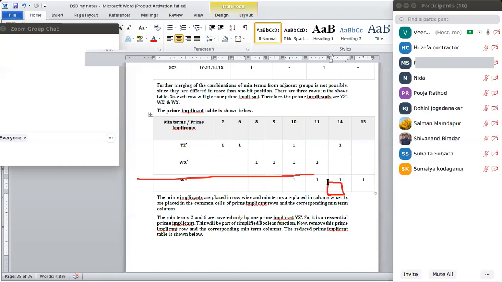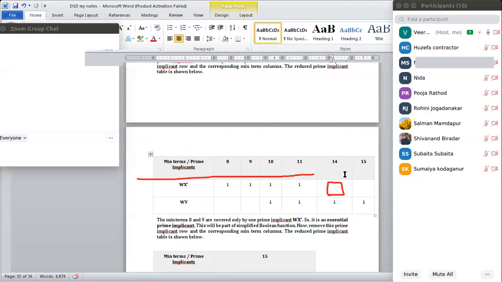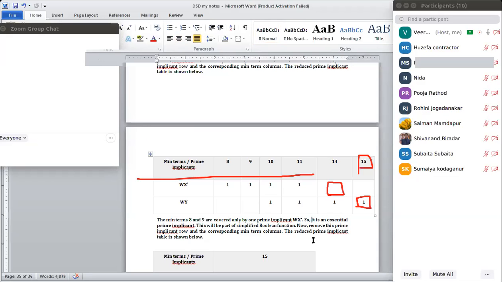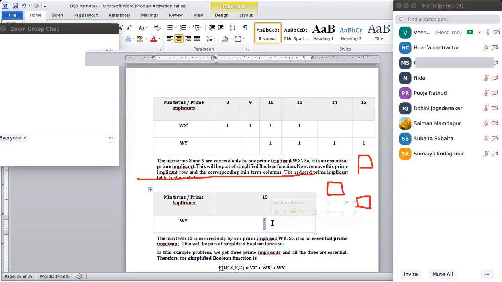Okay, so 14 is also not an essential prime implicant. So what will be remaining? Only 15. So 15 is an essential prime implicant.